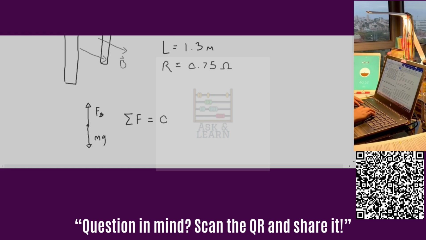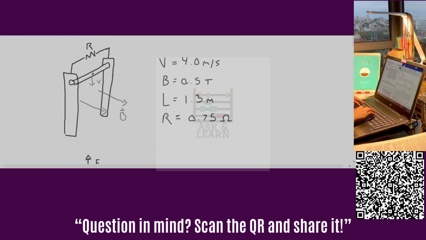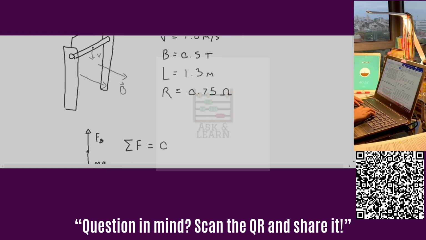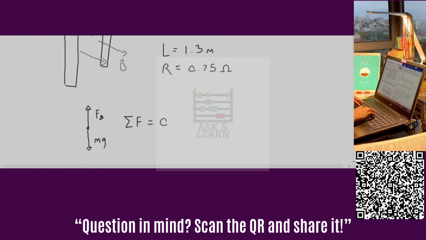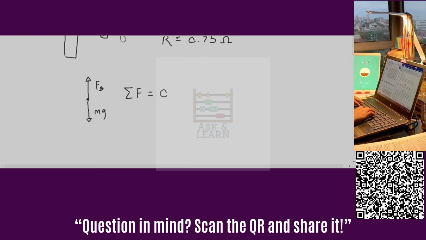So we know that this force is really just the force on a rod that has a current in a magnetic field. The force on a metal rod with a current in a constant magnetic field is just I times L times B times the sine of the angle between the direction of the current and the magnetic field.